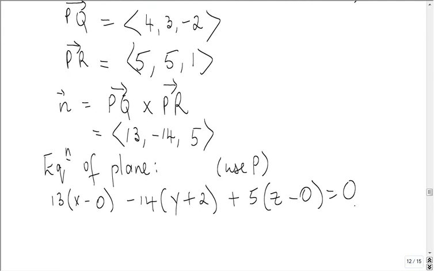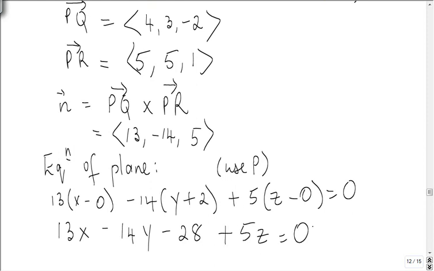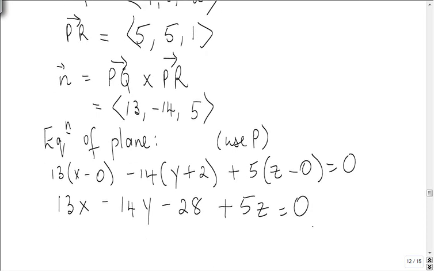Now we distribute that. 13x minus 14y minus 28 plus 5z equals 0. And our final answer, 13x minus 14y plus 5z equals 28. That's that one. Any questions?